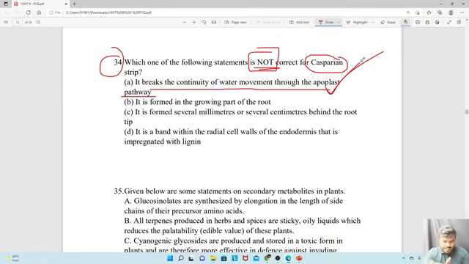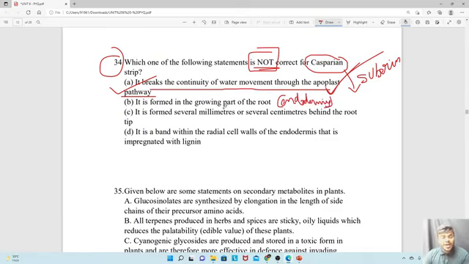It's a correct statement. The Casparian strip contains a chemical. What is that chemical? We call it suberin. Suberin is a lipid. It blocks the movement of water molecules. We all know that. This is a right statement. Everyone listen. Where is the Casparian strip present? It is present on the endodermis.